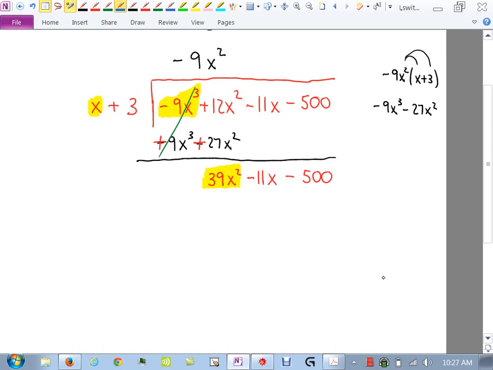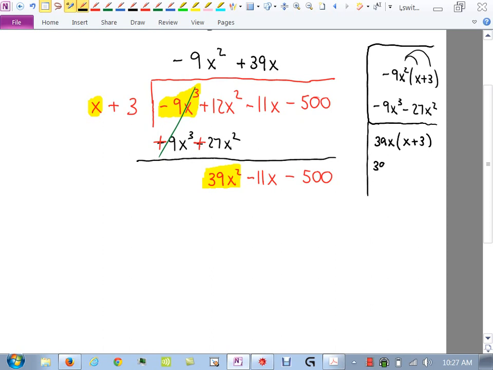Okay. What do I multiply x by to get 39x squared? 39x. So I go up here and I put that up here, plus 39x. And I'll do that work over here on the side. I'm going to take my 39x and I'm going to multiply it through the x plus 3 again. Y'all okay with what I'm doing over here on the side? Okay.